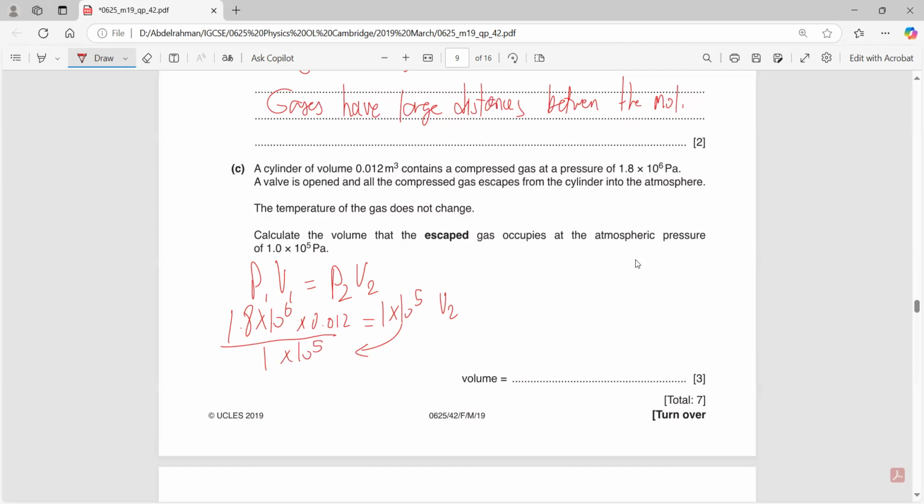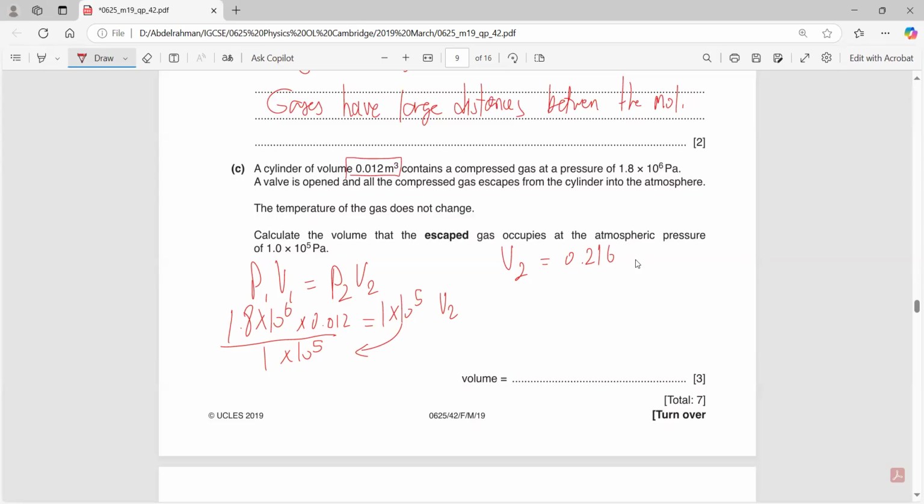So 1.8 times 10 to the power of 6 times 0.012 divided by 1 times 10 to the power of 5. This is 0.216, so V2 is 0.216. This is not the final answer. Why? Because this is the volume of the air that has escaped plus the volume of the cylinder.